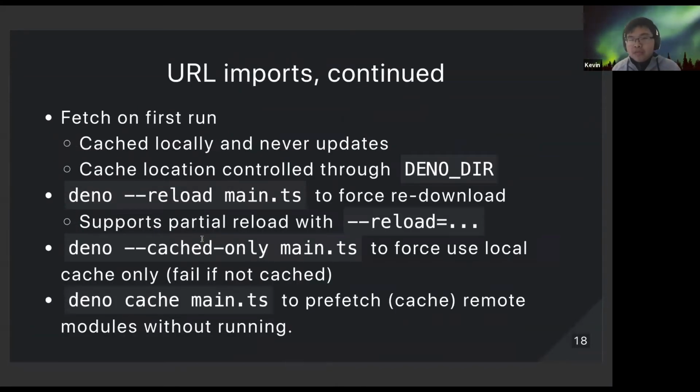So, URL imports: the files imported using URLs are fetched on first run, and they're cached locally and never updated. You're able to control your cache location using an environment variable called DENO_DIR. It feels like GOPATH, if some of you have used Go before.